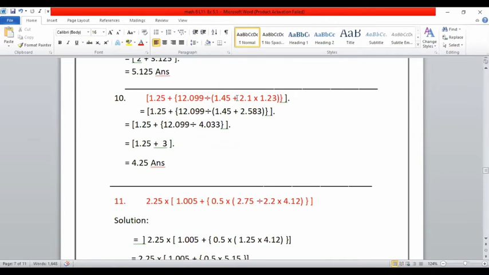Here we have two binary operations, first is the plus and second is the multiply. According to the BODMAS rule or DMAS rule, we will do multiplication first and then addition. So 2.1 will be multiplied by 1.23.